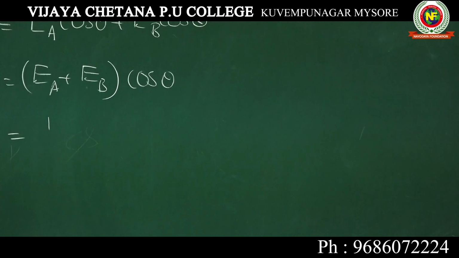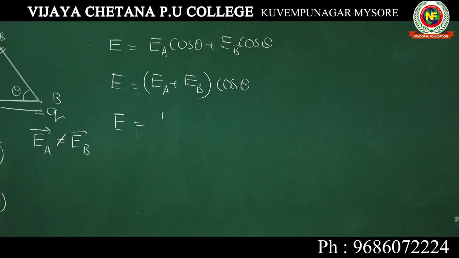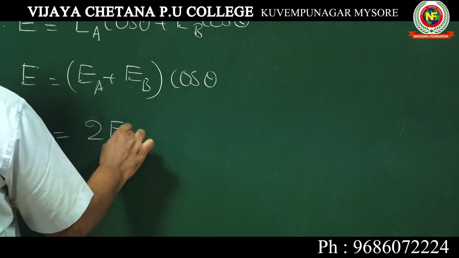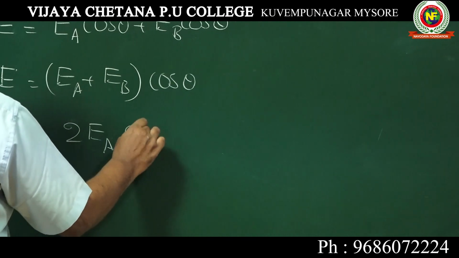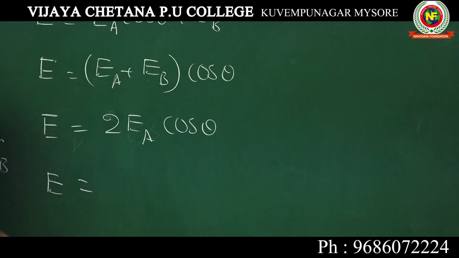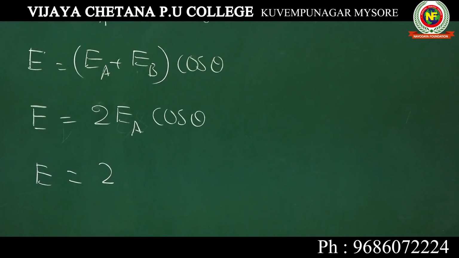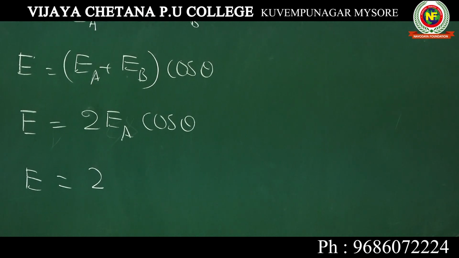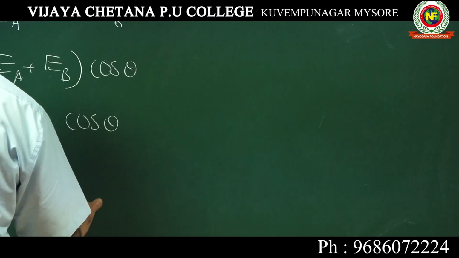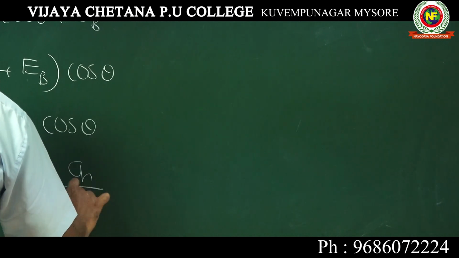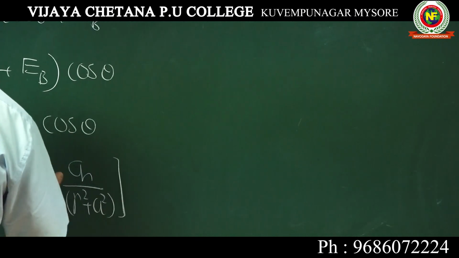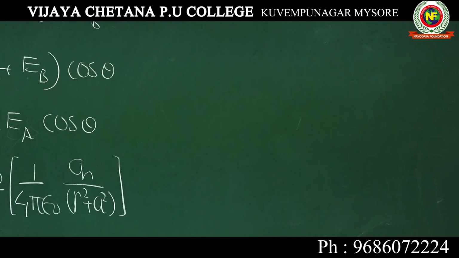Anyway, EA and EB are the same in magnitude. Therefore, I can write this as 2EA or 2EB into cos theta, or E is equal to 2 times EA. We have the value here. I use that: 1 by 4 pi epsilon naught Q divided by R square plus A square into cos theta.